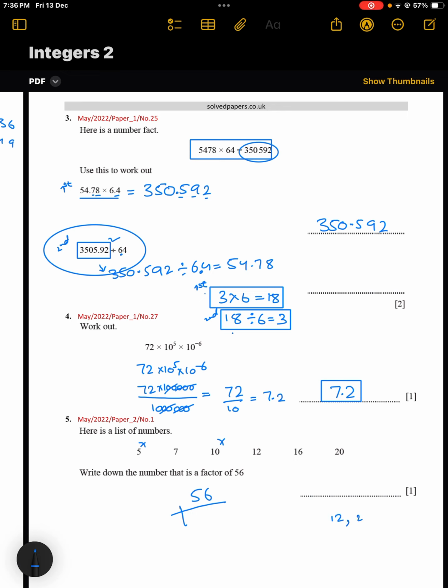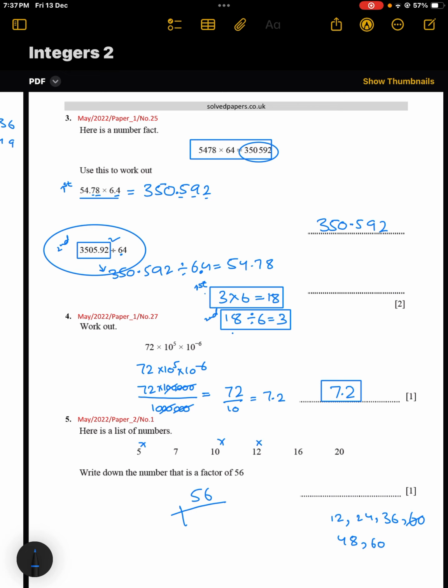Then we have 20. We have 24. Then 36. Then we get 60 or something like that. Then we get 48 and then we get 60. But we don't get 56. So 12 is not included as well.